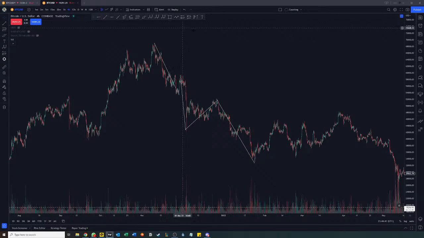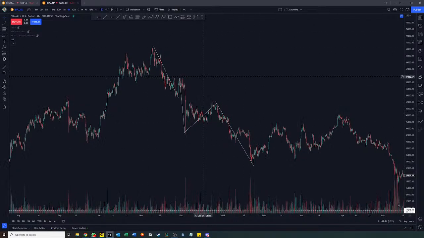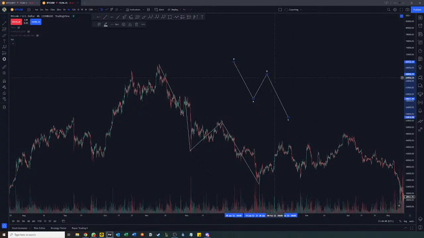So what can you tell from here is, an ABC correction consists of 3 waves going down, and the first part can either be ABC or 1, 2, 3, 4, 5.